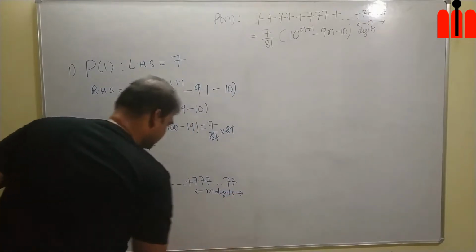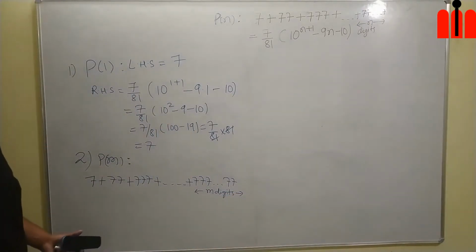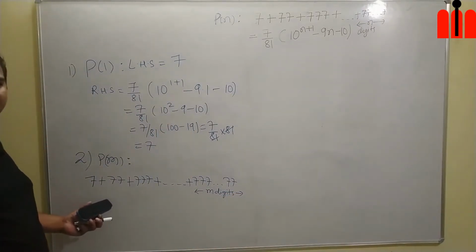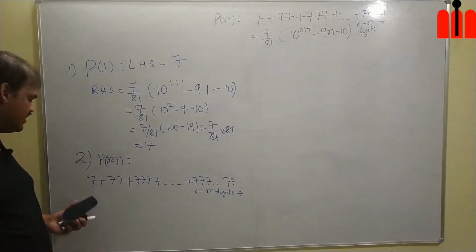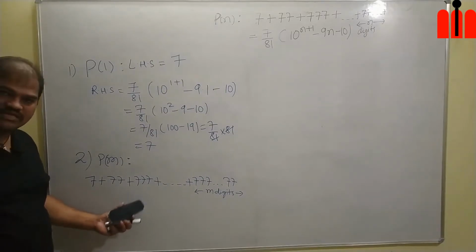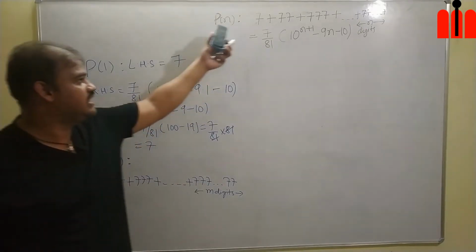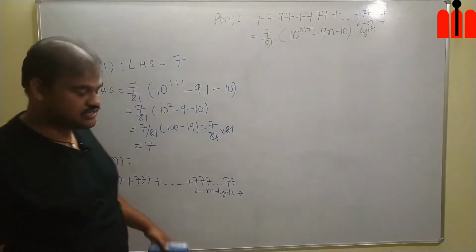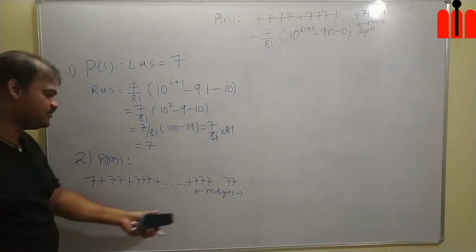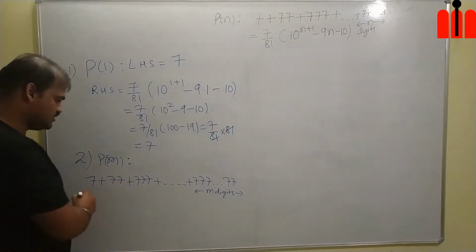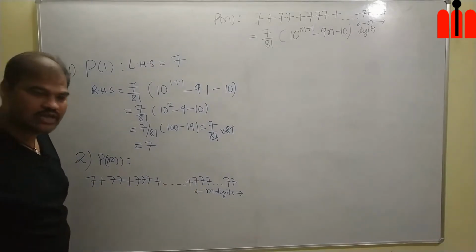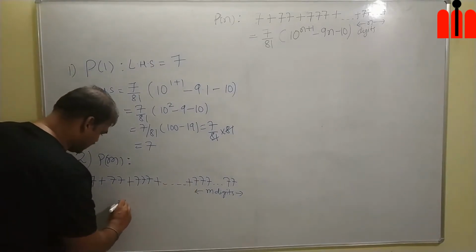So how will the LHS of the Pm statement look, which is the concrete statement? It is 7 plus 77 plus 777 till that m digits. For my Pn statement there are n digits, so for Pm there will be m digits. This is my LHS.